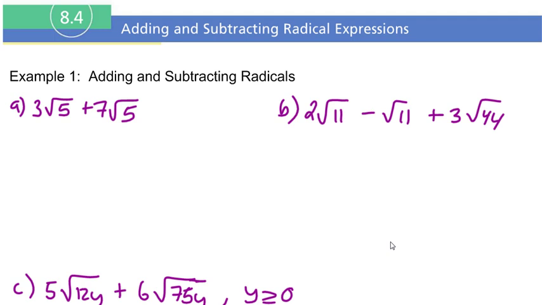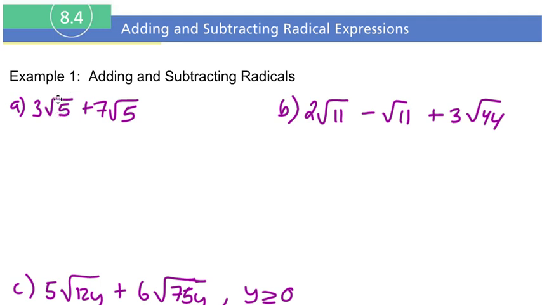All right? And so we have two prerequisites if we're going to add or subtract radicals. Basically we're just combining like terms. The first is the index: the number that's right here where this little bloop is must be the same. Right now there's a ghostly 2 and a ghostly 2, so the index must be the same.